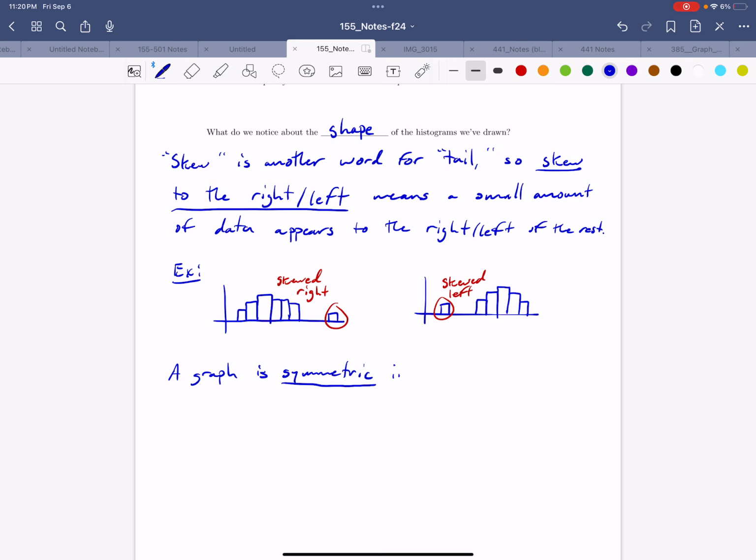It's identical shaped, I guess I'd say, to the right or left of the center. I guess you could say if it's reflected about the center.